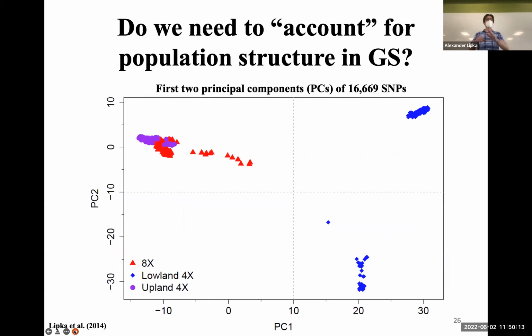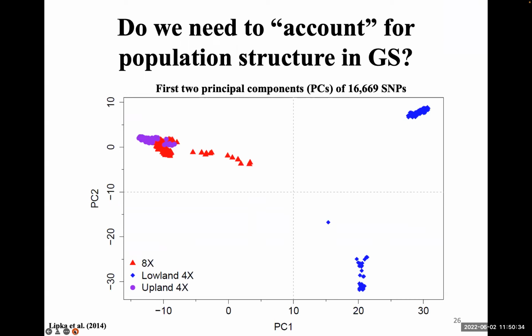Now I'm going to show you, full disclosure, something that was done in the past, and I changed my mind about it. To motivate this, here is the switchgrass example. Our x-axis is principal component 1 of our SNPs, so that's the greatest source of variability.